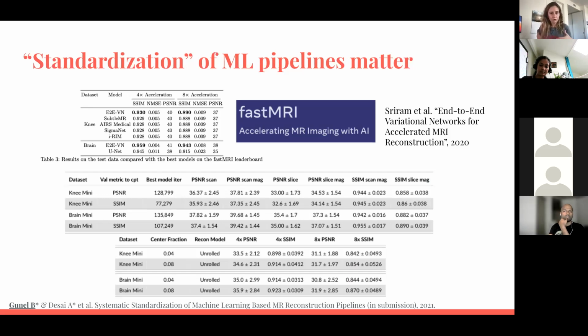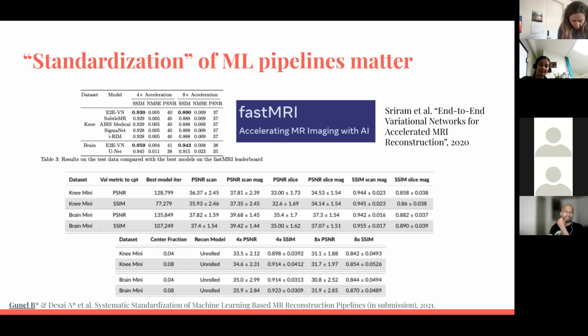It's on the order of the third or fourth decimal point. And if you've ever looked at the correspondence between the change of the metrics versus the images themselves, a 0.001 SSIM improvement is nothing. And we're not Google Ads, so we're not working with things on that order of improvement.